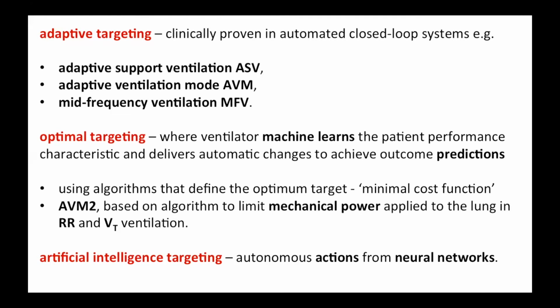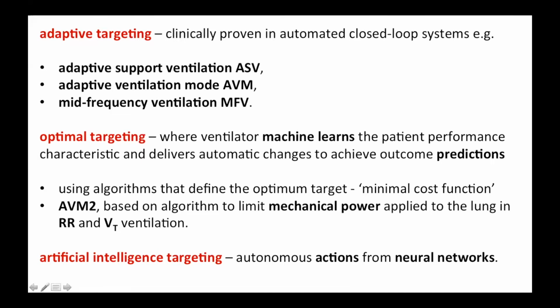And through that, there will be automatic changes applied in real time to achieve certain outcome predictions using algorithms which define the optimum target, such as a minimal cost function. It might be respiratory frequency or tidal volume. And we also have newer models of this such as AVM2, which are based on an algorithm to limit the mechanical power which is applied to the lung in respiratory rate and tidal volume ventilation.